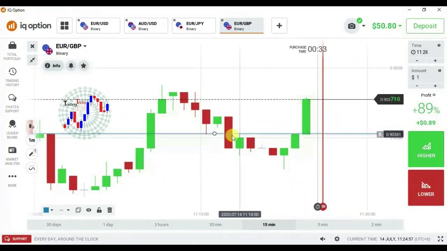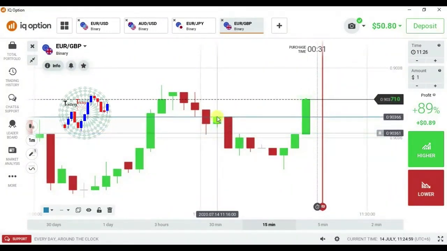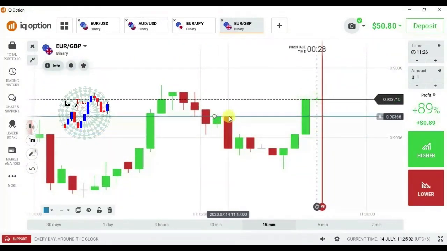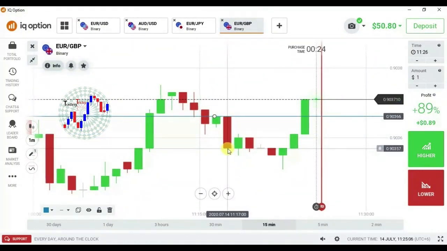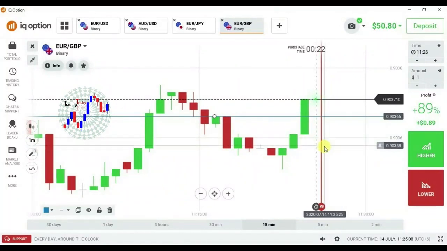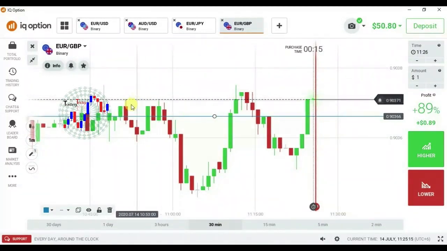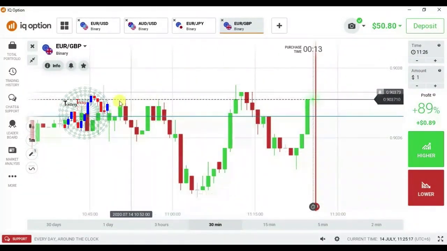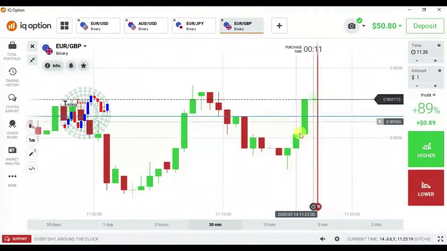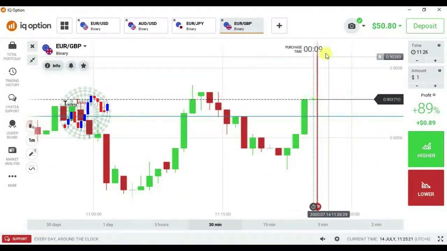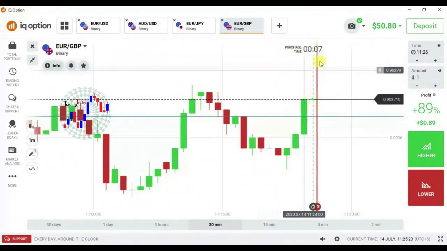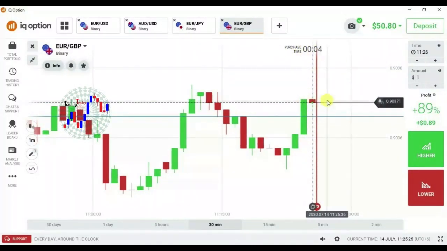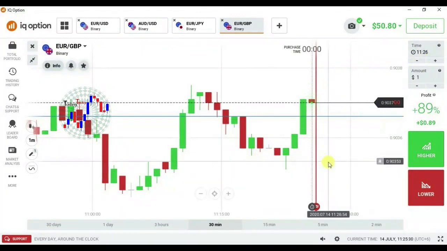And if the candle closes lower, for example you placed a higher option here and the candle closes lower, this is your losing trade. Actually in this platform, wherever you place a trade, it does not matter what the time is now, it will close when the candle closes according to the duration.